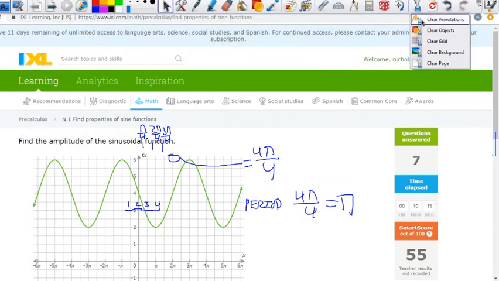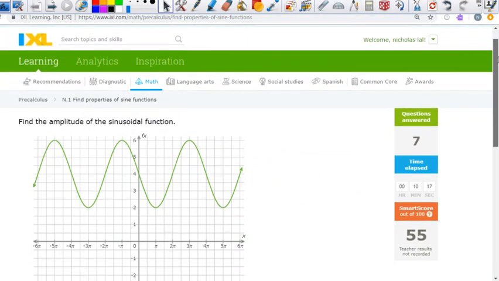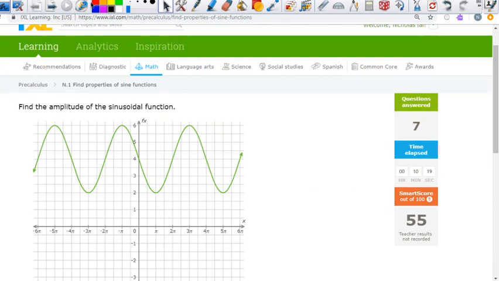Find the amplitude of the sinusoidal function. We have a midline at 4, so we can find the average between the maximum and the minimum: 6 plus 2 over 2, that's equal to 8 over 2.